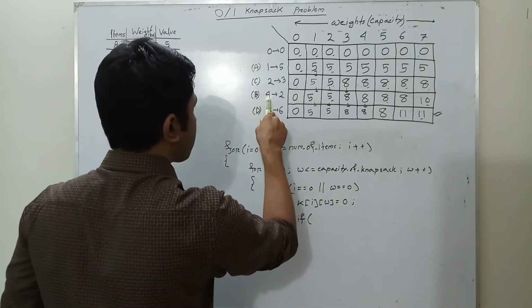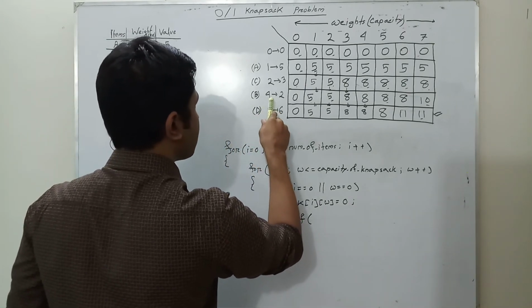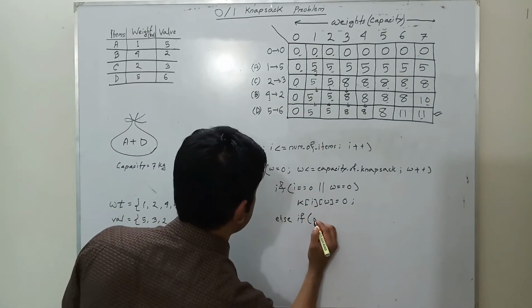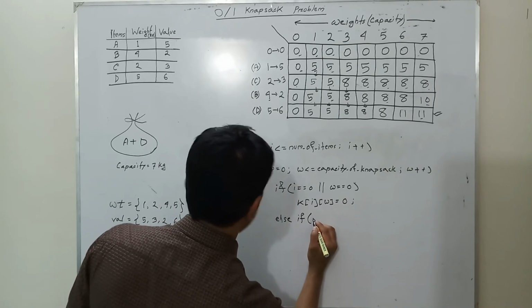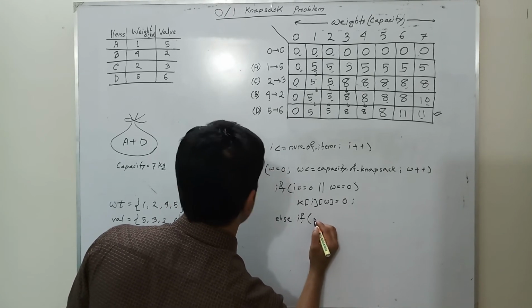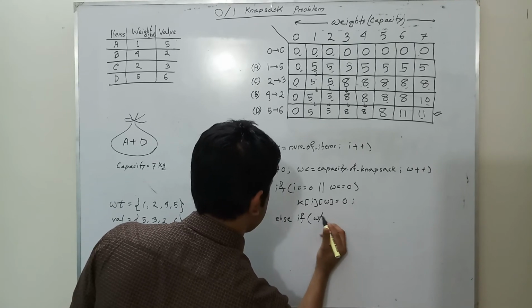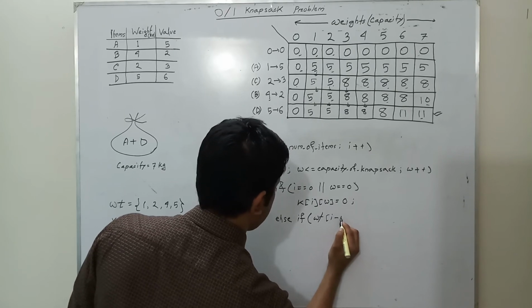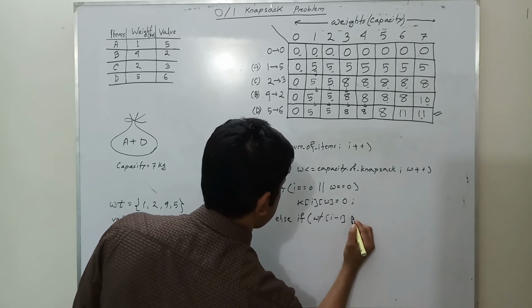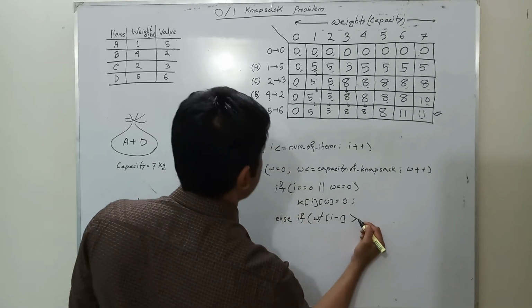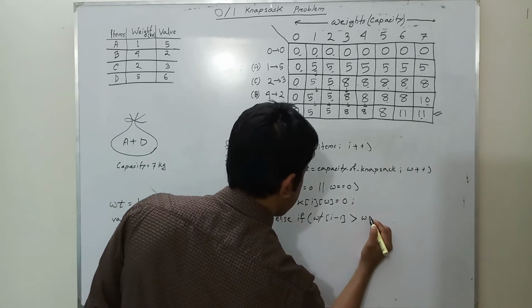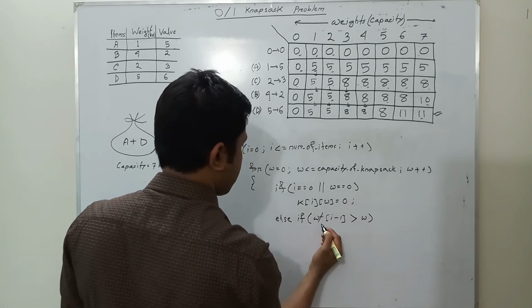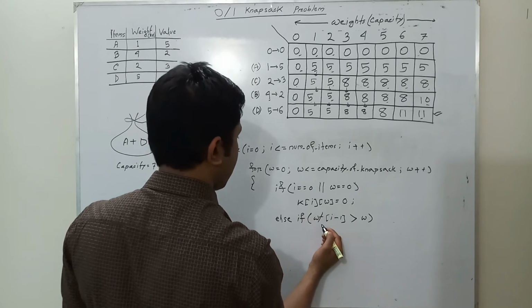if the weight of the item is less than the capacity of the knapsack. Weight I minus 1 is greater than total weight of the knapsack capacity. This W represents the capacity of the knapsack, and this represents the weight of the items.